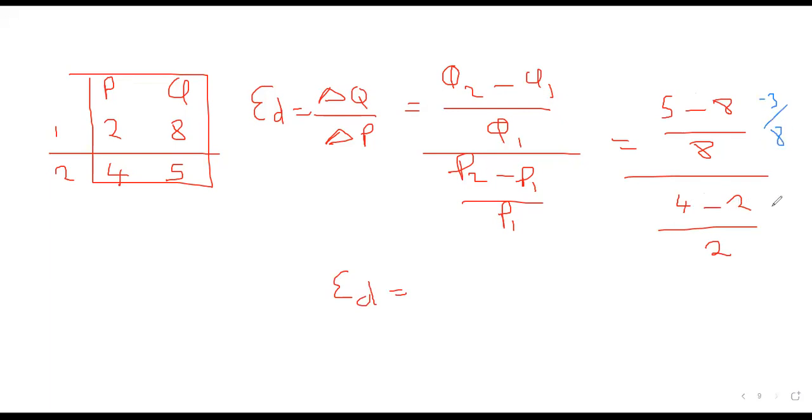And here it is 2 over 2, which is 1. So we divide -3 over 8. What are you getting? -0.375. Then here 2 over 2 is 1. So when you divide this, we get -0.375. What is your comment here?